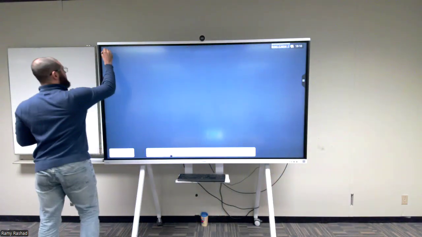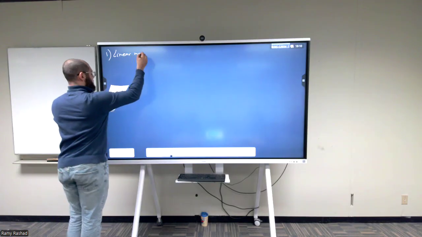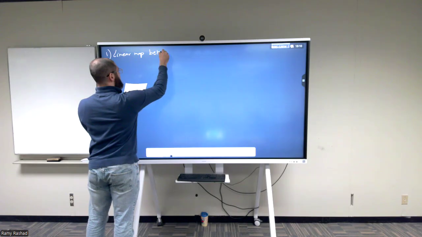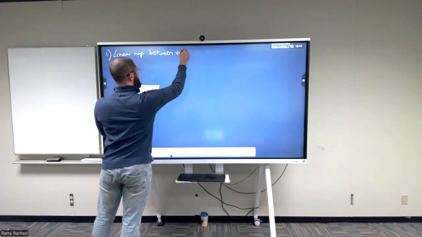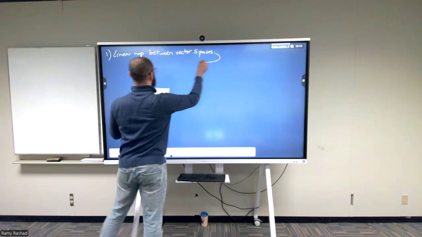Definition: linear map between vector spaces. So what is the definition of a linear map?